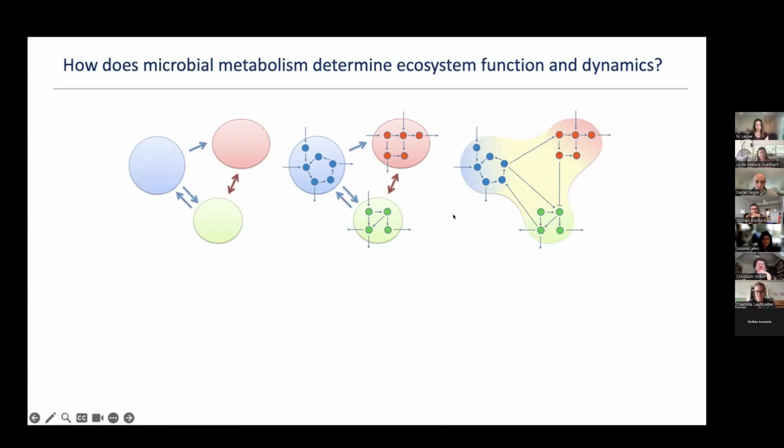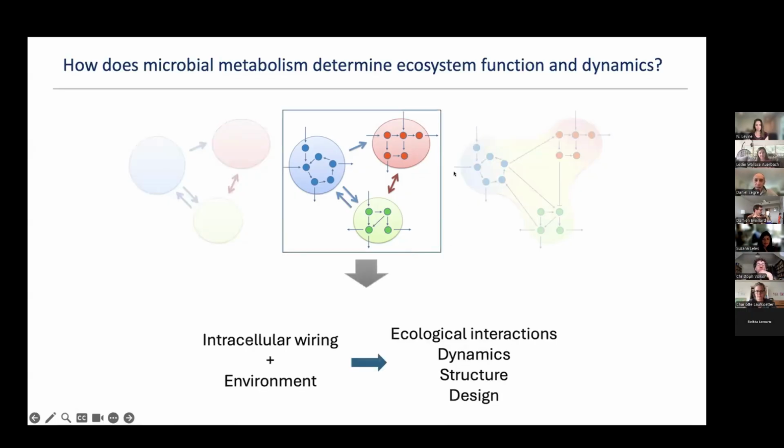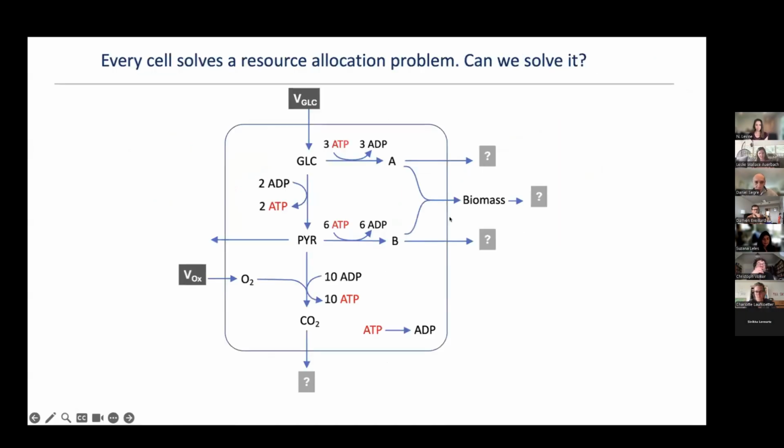But I'm going to focus on this type of modeling, very much building on what Suzana just showed you. We're very interested in trying to figure out how intracellular wiring in individual organisms and environmental constraints determine ecological interactions, dynamics of microbial ecosystems, and whether we can understand the systems well enough to potentially design communities with specific functions and purposes.